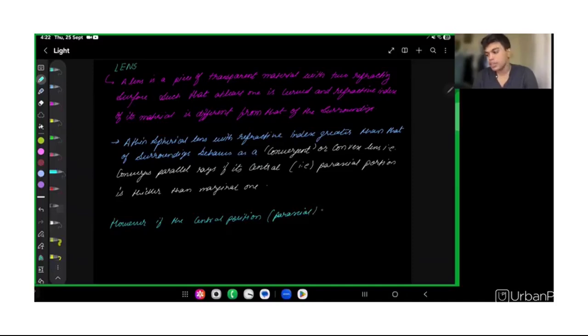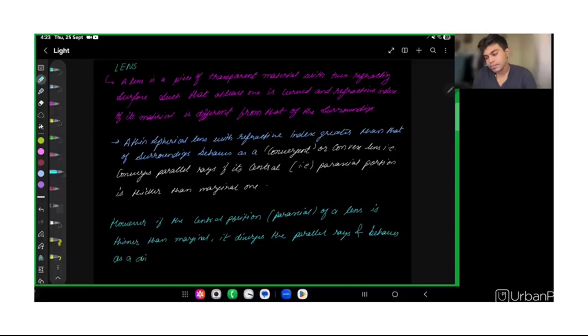The central portion of a lens is thinner than marginal, it diverges the parallel rays, and behaves as a divergent or concave lens.